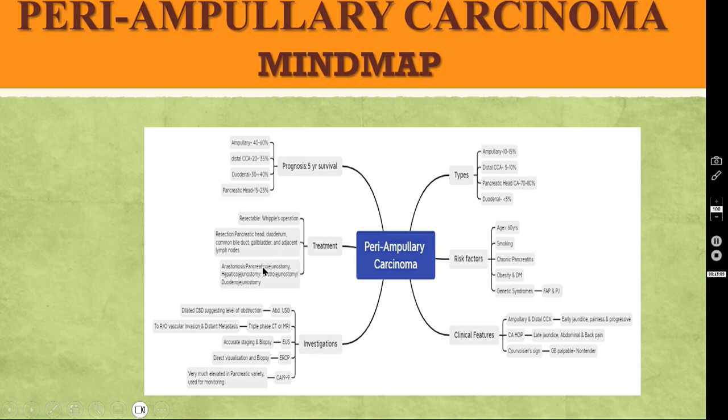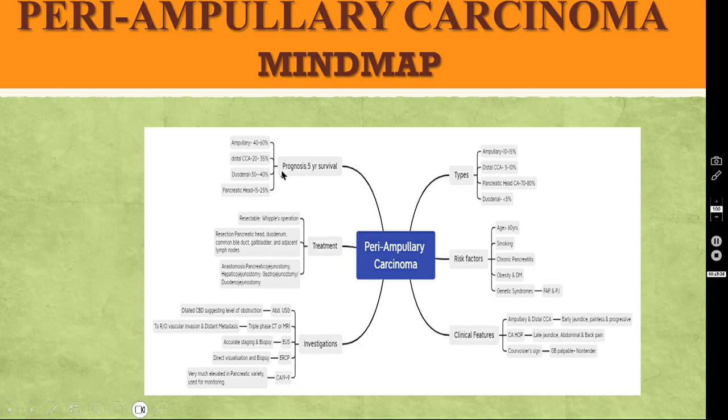And we have to do 3 anastomoses: pancreatojejunostomy, hepaticojejunostomy, gastrojejunostomy, or if it is pylorus preserving Whipple's, then duodenojejunostomy. Among these 3 anastomoses, pancreaticojejunostomy is notorious for post-operative pancreatic fistula.